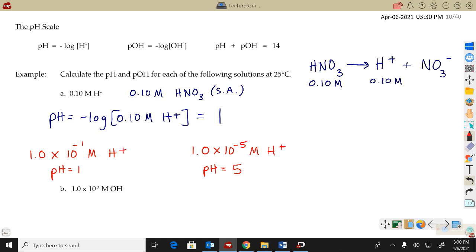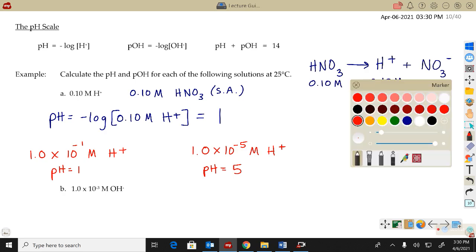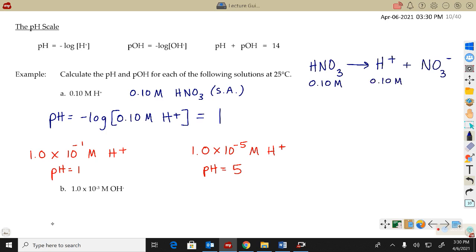There's more hydrogen. Now, the same thing could be applied to pOH. There's something called the pOH. That's just opposite log of the hydroxide concentration. So if I had B, I could do the pOH as opposite log of the OH, 1.0 times 10 to the negative third.